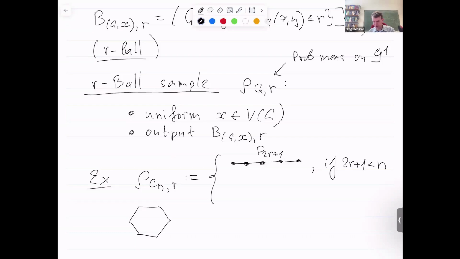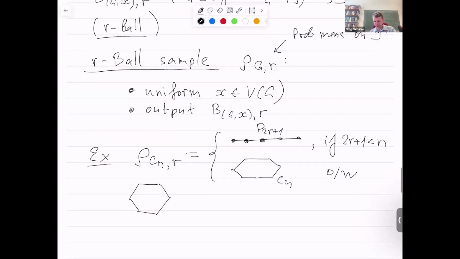If at least one vertex is not reached, we get the path; otherwise I see the whole cycle. This is Cn otherwise. So in this case, my measure is just concentrated on a single graph. It's either a path or a cycle.